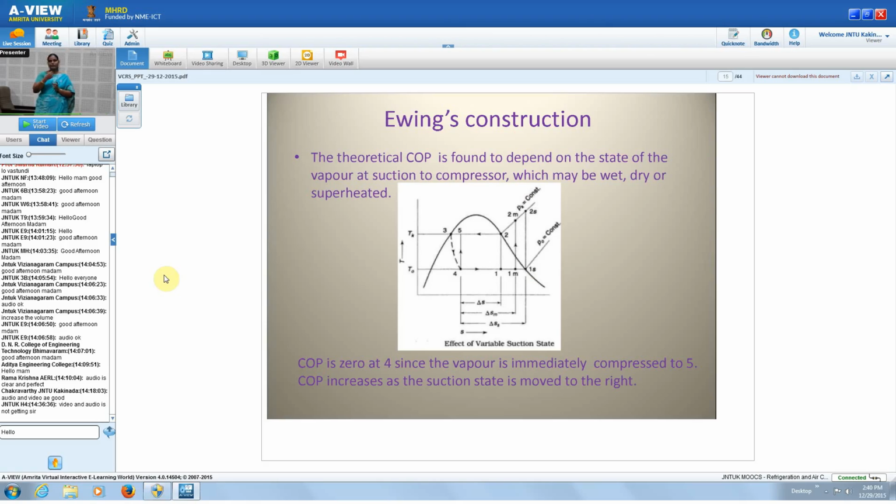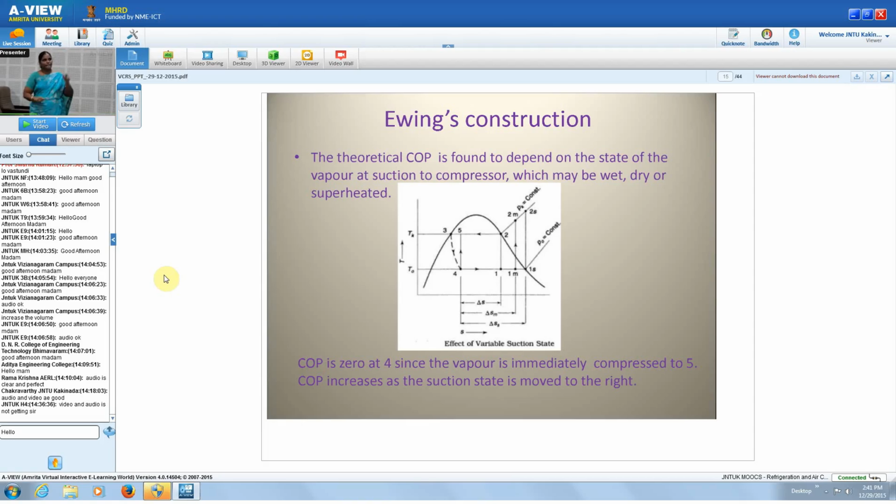Even if the work input to the compressor is more, we have to get the required refrigerating effect. So according to him, the COP will be maximum when the refrigerant at the suction of the compressor is in the wet state, and at the end of the compression it is in the superheated state.